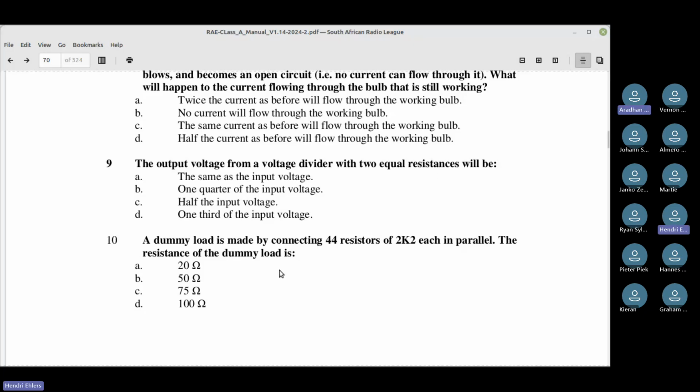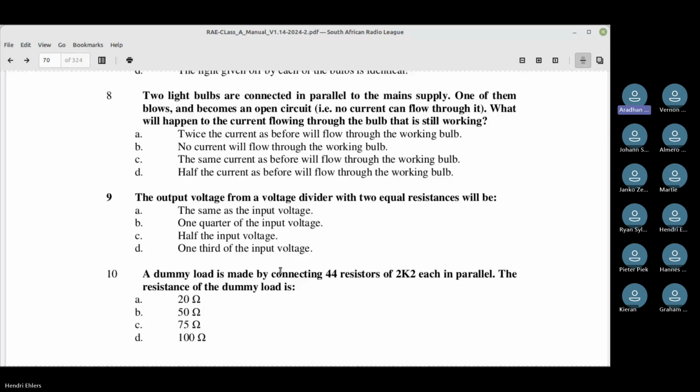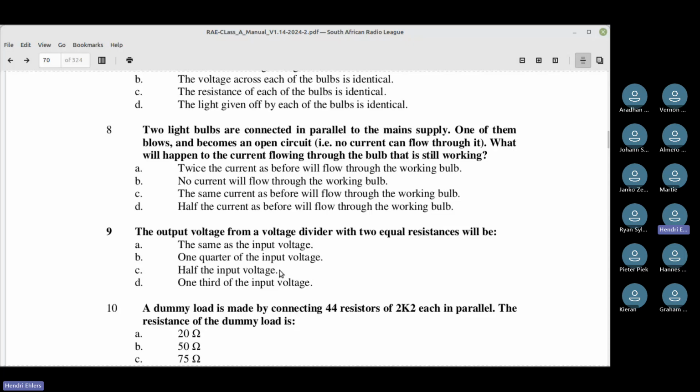Sorry, sir. Could you go through question 8 again, please? Okay, I will do that. Two bulbs are connected in parallel to a mains supply. That mains supply is actually just to confuse you, so it's just connected in parallel. One of them blows and becomes open circuit.